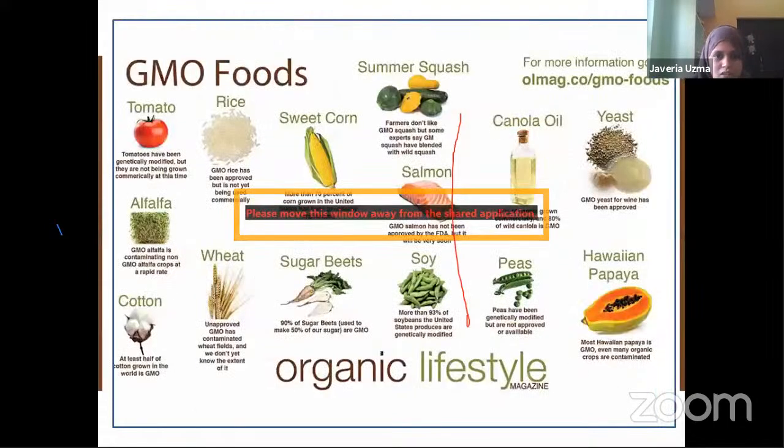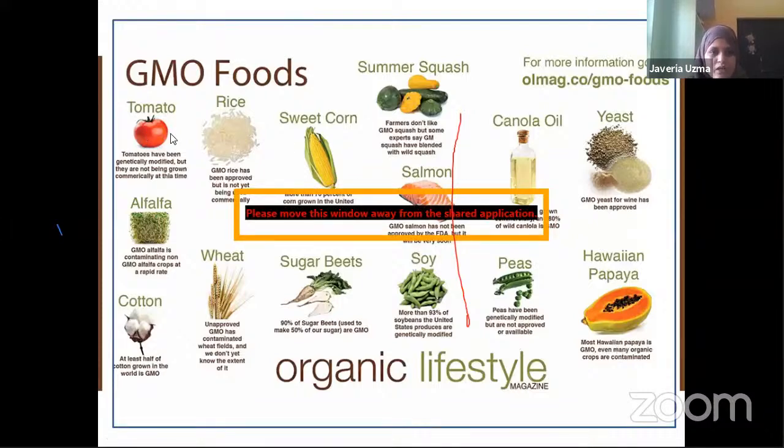In these, currently we have Bt corn available in the market and Bt cotton, and these need permission now. These are the different GMO foods, genetically modified organism foods, which are present in the market. All of these have different characteristics.